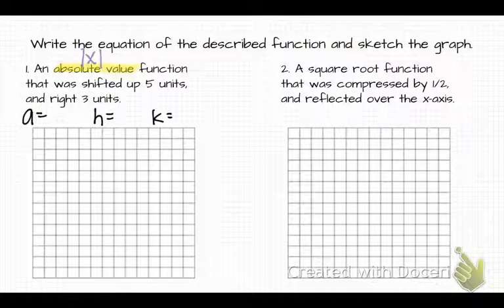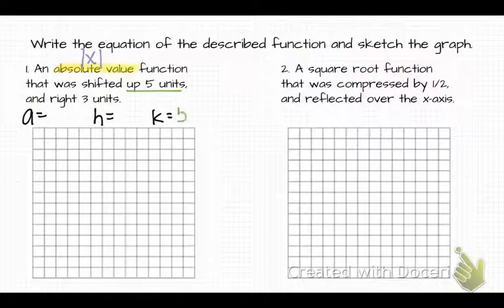Okay, so what's a piece of information that I'm given? I know it's an absolute value function. What else do I know? It was shifted up 5 units. Now, is up 5 units, is that A, H, or K? Is that H or K?